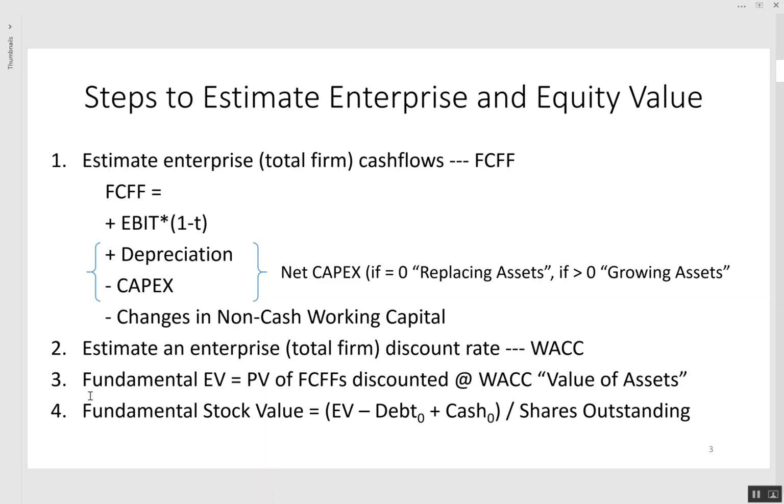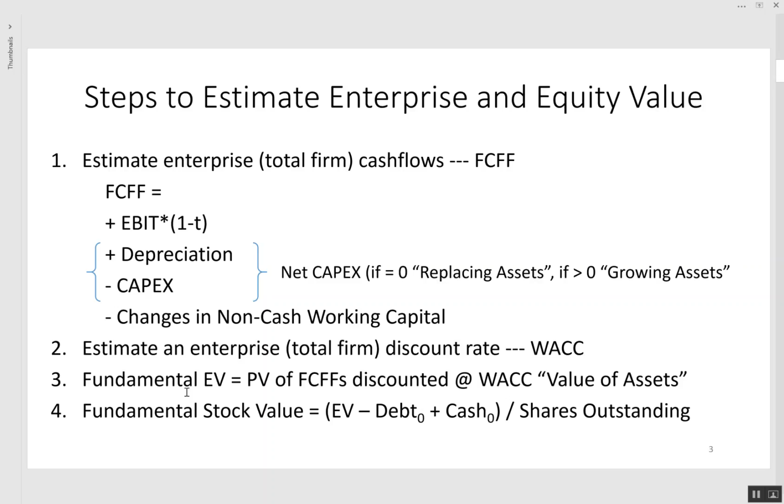Third step, compute the fundamental enterprise value, which will be the present value of all free cash flows discounted at the WACC. That should give you a value today of all the operating assets. Now, if you're looking for the equity value or stock price, we take our enterprise value, calculated in step 3, subtract out our net debt by subtracting debt and adding cash, and divide by the number of shares outstanding.